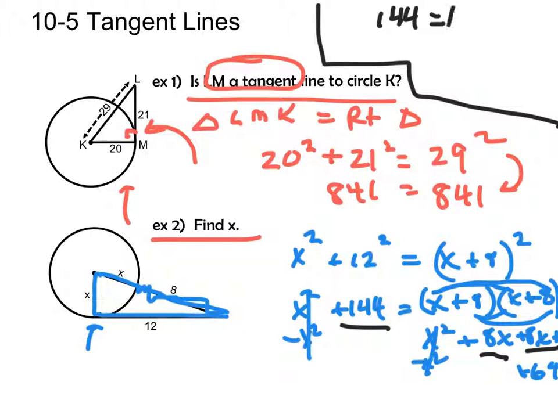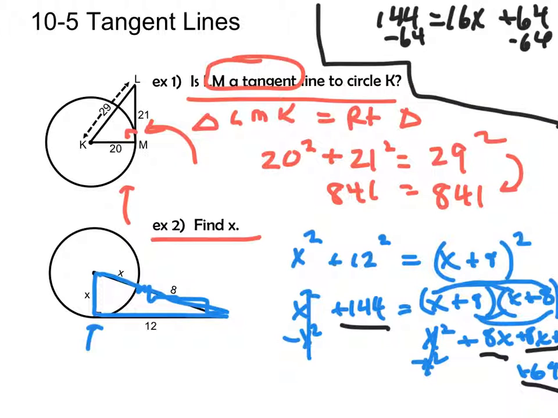So I can add those. 8x and 8x is 16x. Just add what's in front. And then don't forget this 64. Now it's just a simple linear equation. So I would minus the 64 from this side and this side. All I have to do on my calculator is 144 minus 64.